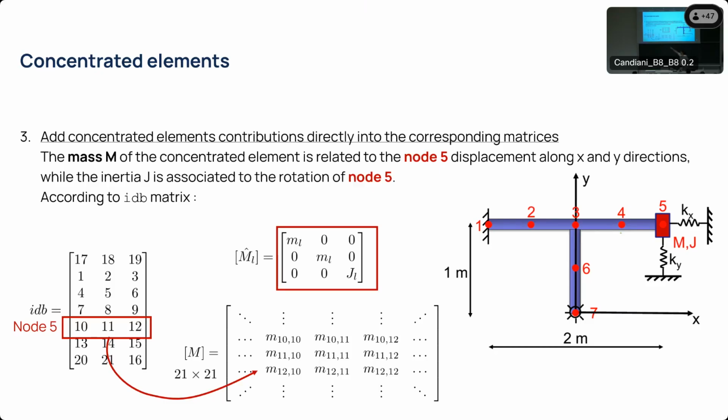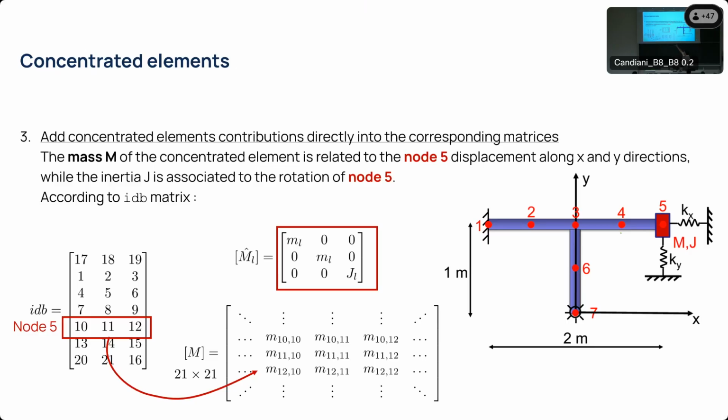And we know that on the 3 terms which are affected by the movement of node 5, we have to sum the contribution of the mass matrix of a concentrated element. We know that the mass matrix of a concentrated body has just 3 terms, 1 for its vertical, 1 for its horizontal displacement, and 1 for its rotation. So we have just M and J, because those are the 3 degrees of freedom of a body.